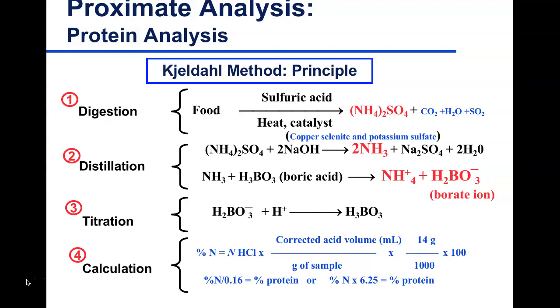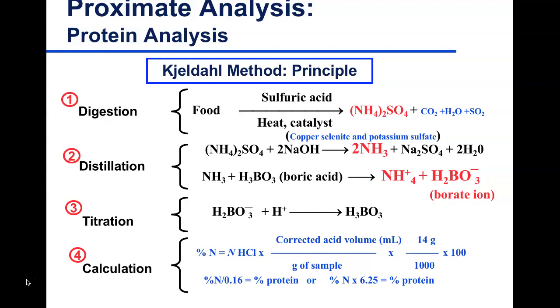So what we'll have then is our moles of HCl will equal our moles of borate ion, which is going to equal our moles of ammonium, which equals moles of nitrogen.